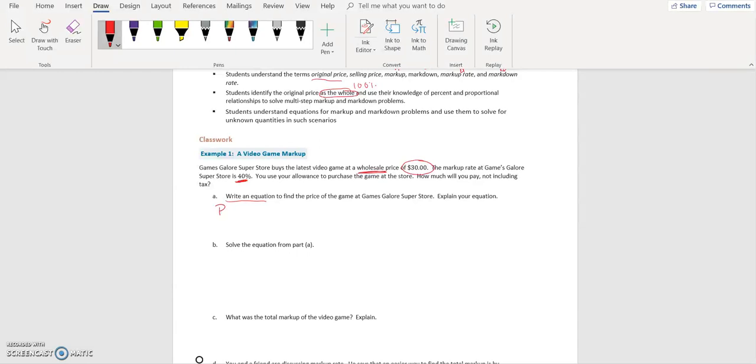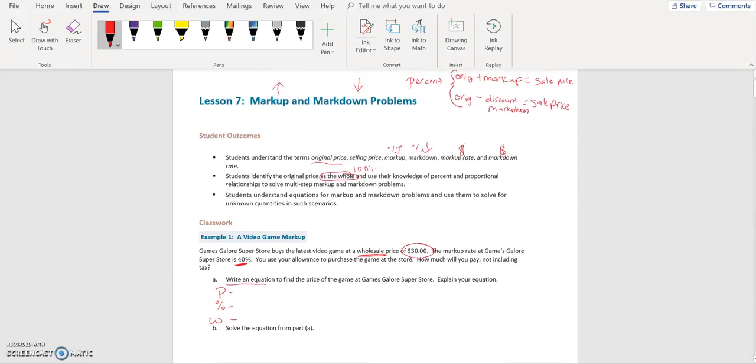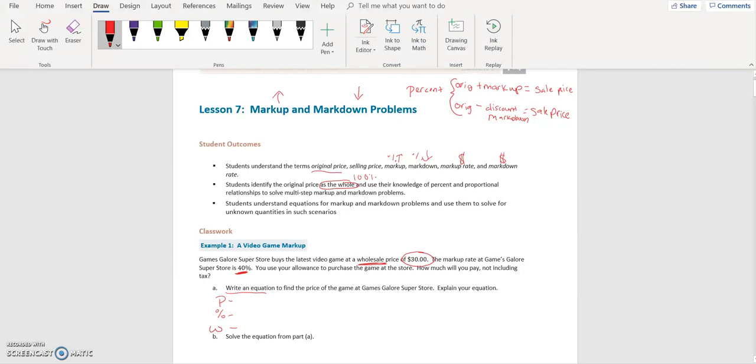So part, percent, whole. Okay. So we have that 40% that we could use, but we're not going to be working with that 40%. And that's not the way we're going to be looking at it. It is a possibility. It's a way we can do it, but we're not going to be looking at it that way. So at the top we wrote here, original plus the markup, and this was a markup.